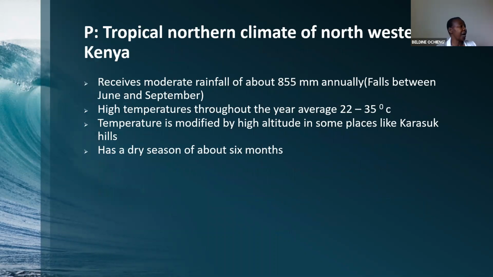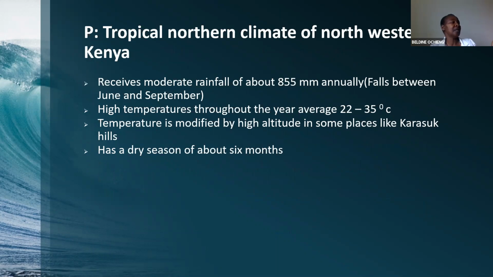The next one is P. We are from the northern part, the desert. Now we are on the tropical climate of northwestern Kenya. That one was northern; now we are on northwestern Kenya.